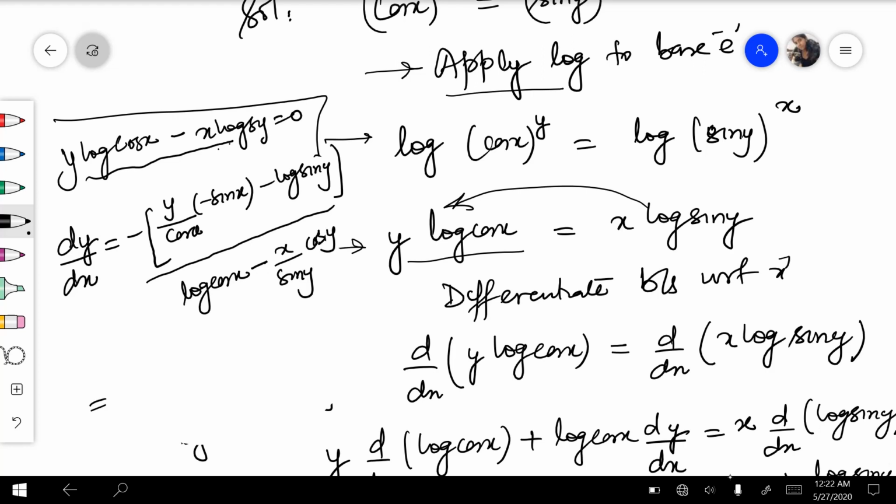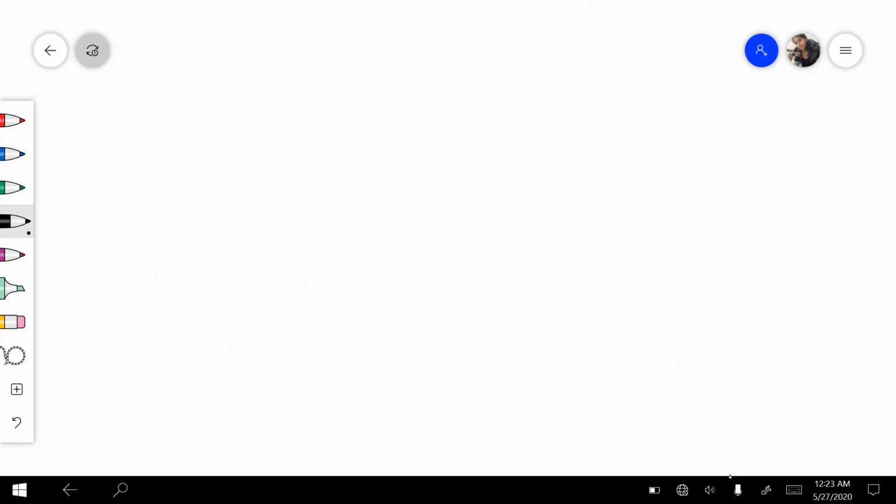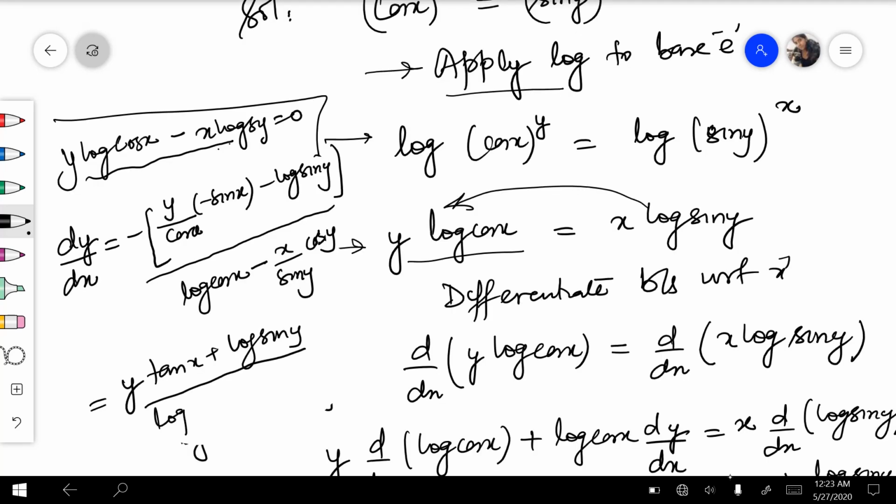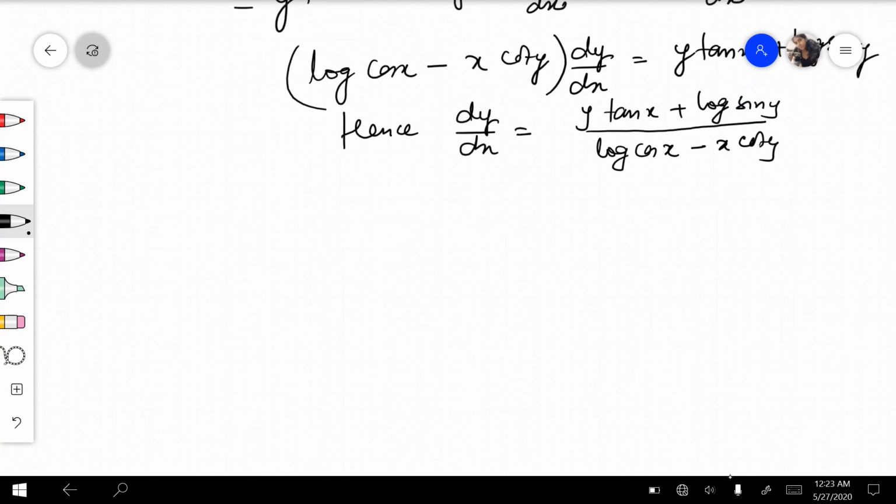Multiplying the minus, you get y into tan of x plus log of sin y upon log of cos x minus x cot y. Ye answer maine finally find kiya.